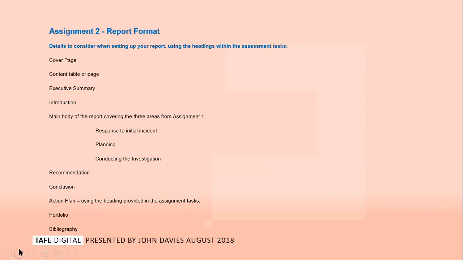Your conclusion will be a summary of the report content, a summary of key findings, references to the legislation supporting your recommendations, listing any barriers that occurred during the investigation and highlighting the benefits of taking action on your recommendations. Finally, your portfolio, which is the whole of your Assessment 1, plus a bibliography.